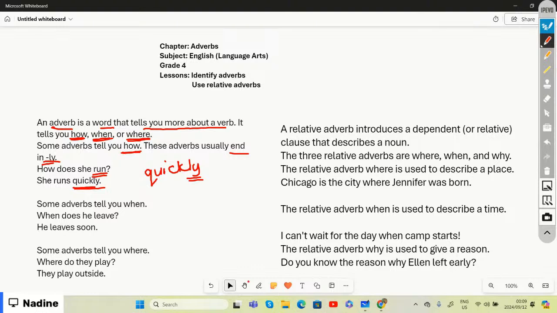That's the adverb that tells us how she runs. I rush hurriedly. I left hurriedly. Those are just words that tell you how something is being done.